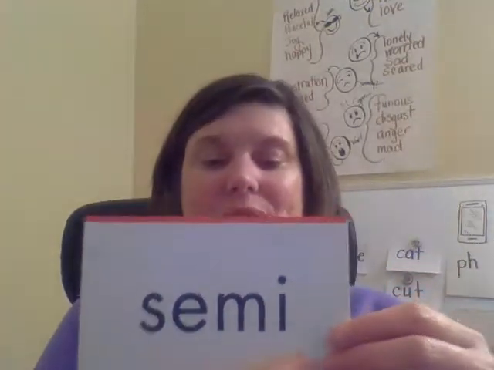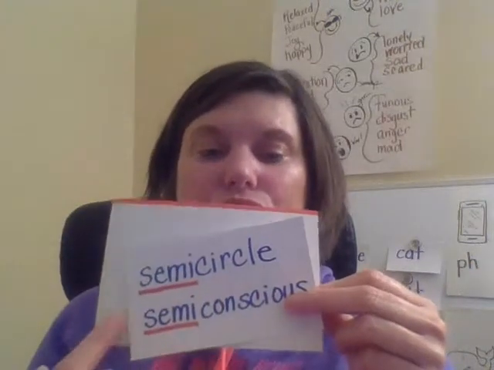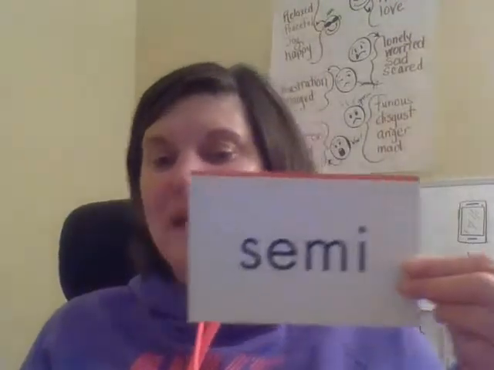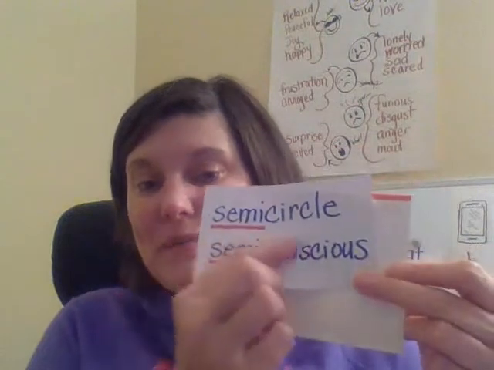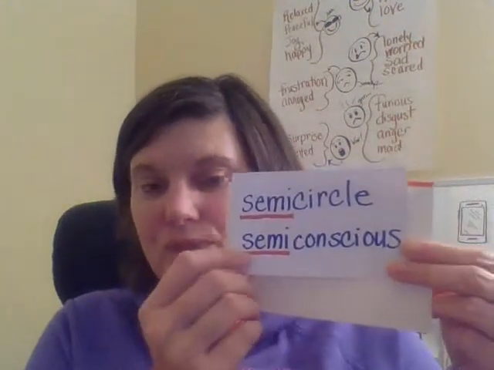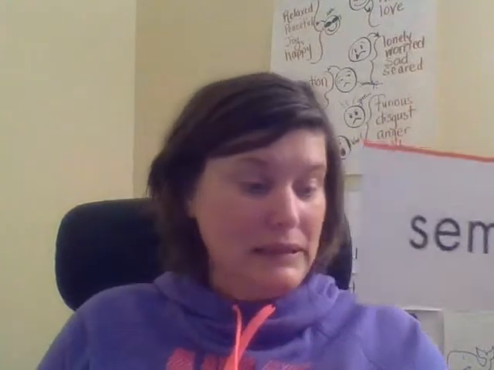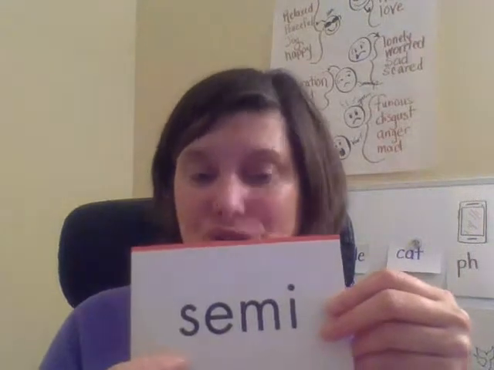This is semi. Semi. Like semicircle or semi-conscious. When you see semi, this sight syllable, it means half. So a semicircle is half of a circle. Semi-conscious means you're part of the way conscious. Maybe you're really sleepy. Semi. Together, semi. Your turn. Good.